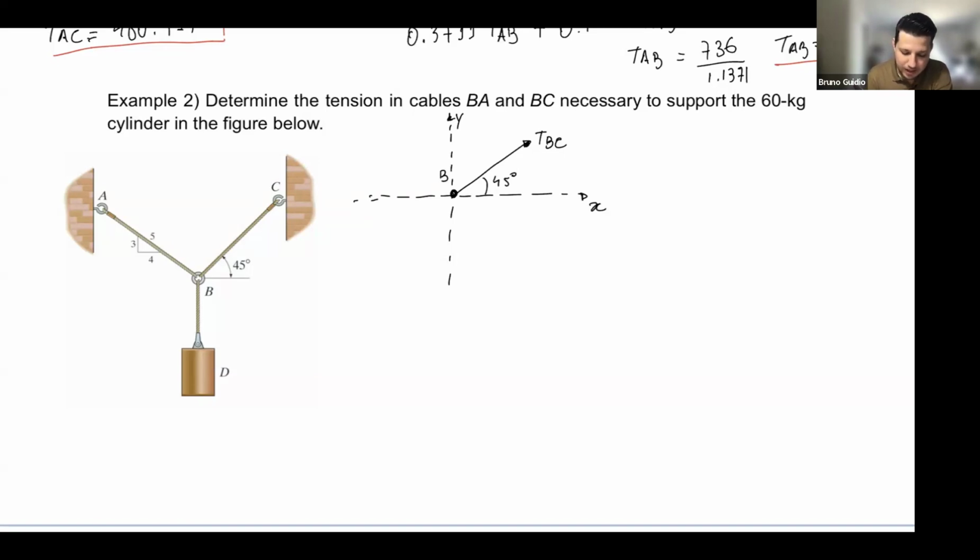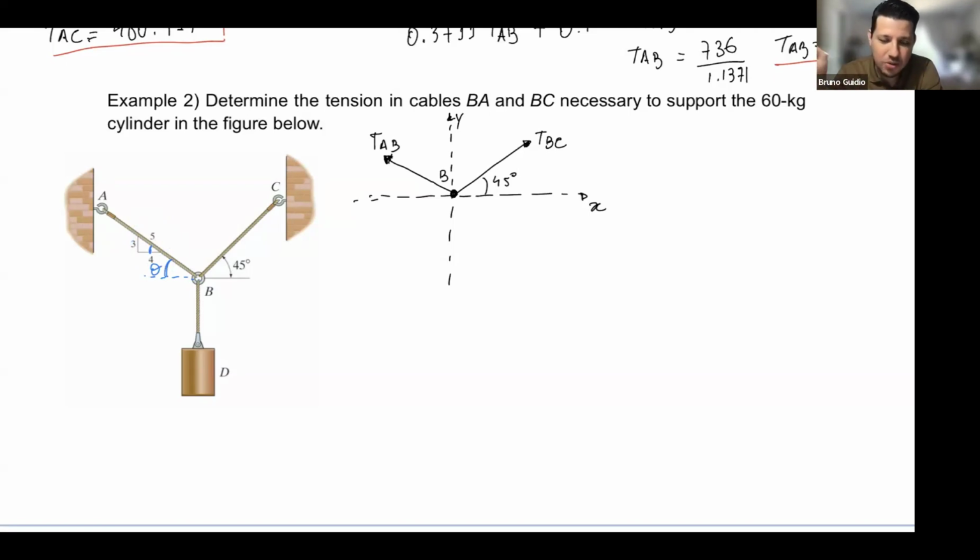What else? TBC. We also have TAB. I don't know its magnitude, but I have this triangle here. Remember what I mentioned? The triangle helps us find the angle theta. Actually, angle theta is the same angle here.